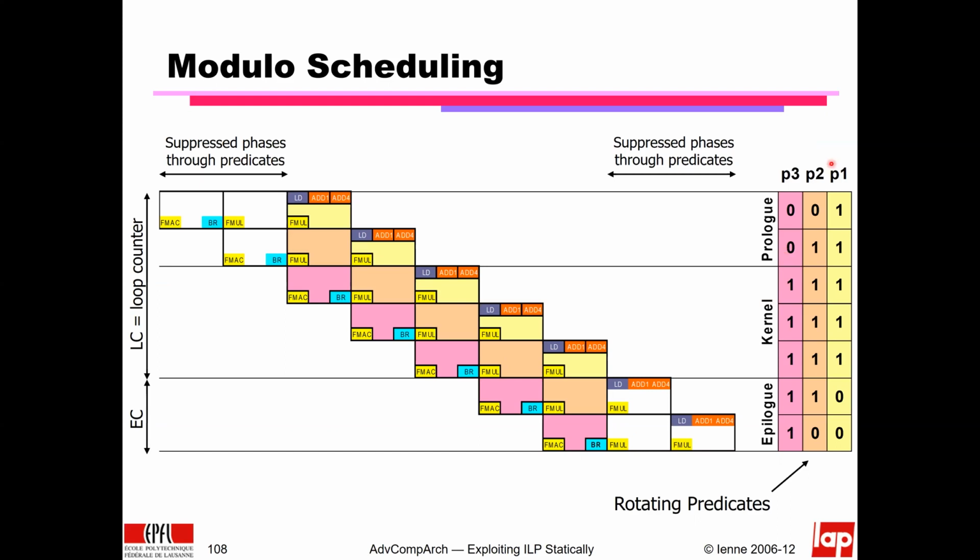And so if you initialize properly your registers at the beginning with all zeros, your predicates with all zeros, and you predicate, you see here the association of the color, you predicate this part of the loop with predicate number 3, you predicate this part of the loop with predicate number 2, you see here this pattern on the right, and you see on the left that the pink and the orange part are not done on the first cycle, the pink part is not done on the second cycle, and it's only from the third cycle that all predicates being 1, everything is executed.